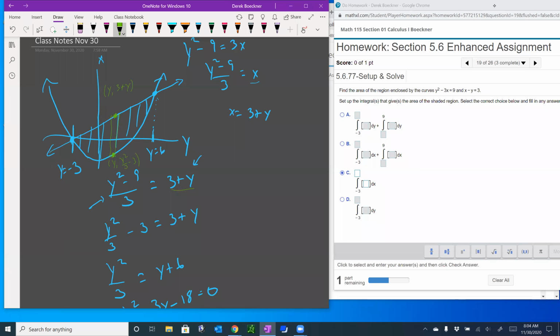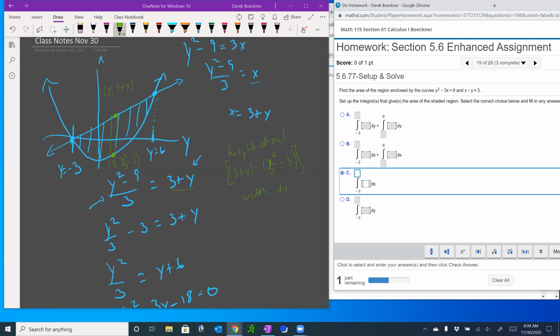Okay. So the height of the rectangle is going to be 3 plus y minus y squared over 3 minus 3. Right. The width is dy. So I'm going to go the integral from -3 up to 6.